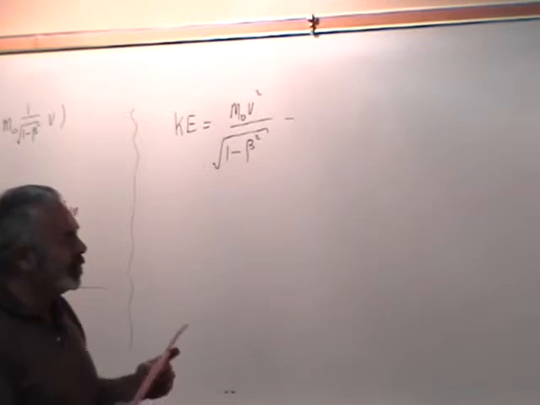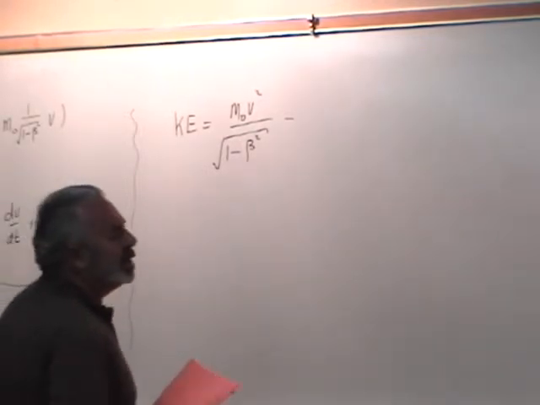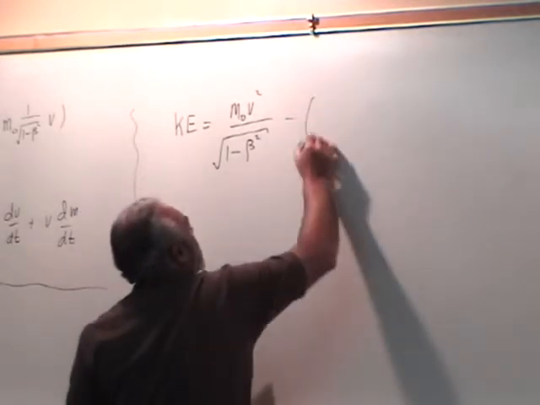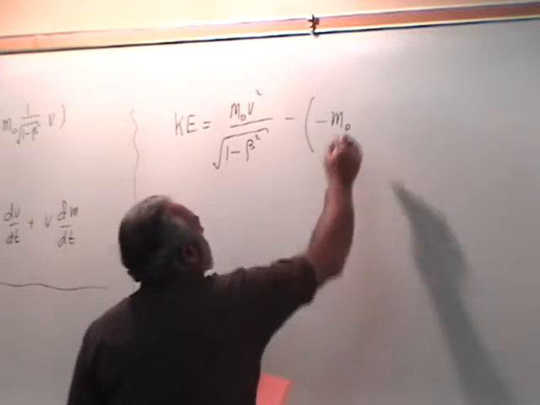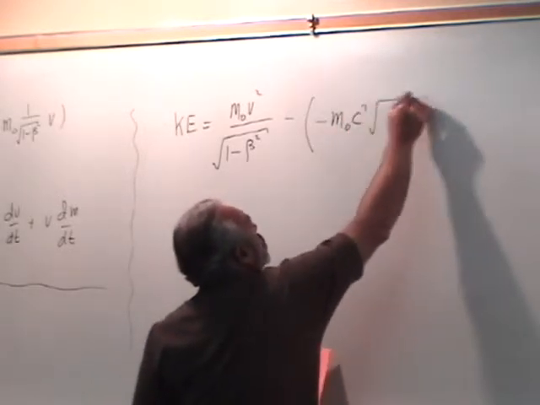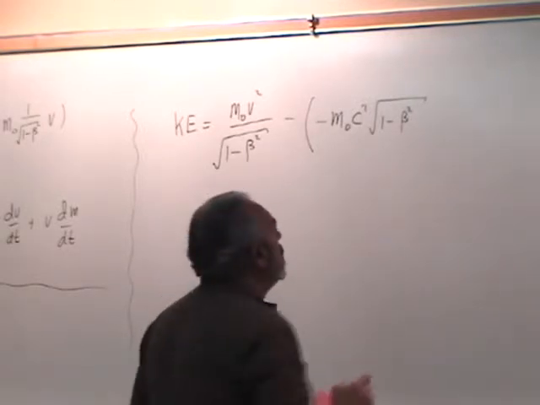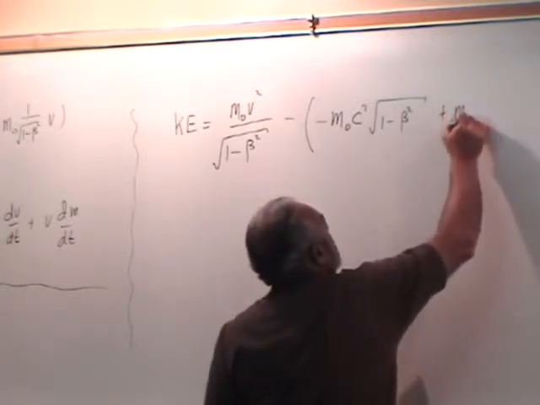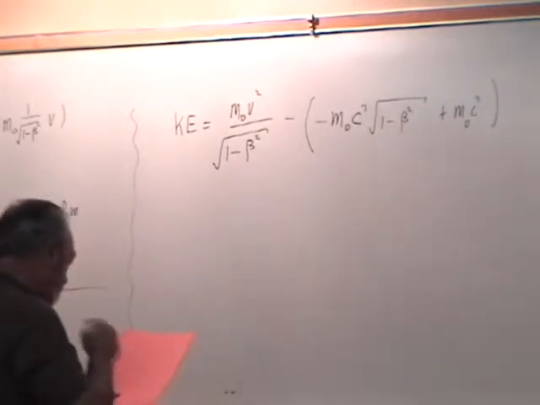In-class problem, so we just demonstrated that the kinetic energy is equal to minus m naught c squared times the root of 1 minus beta squared plus m naught c squared, like that.